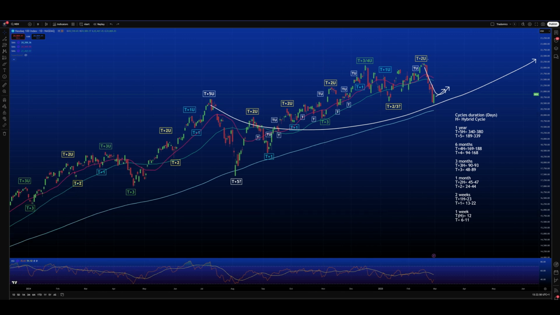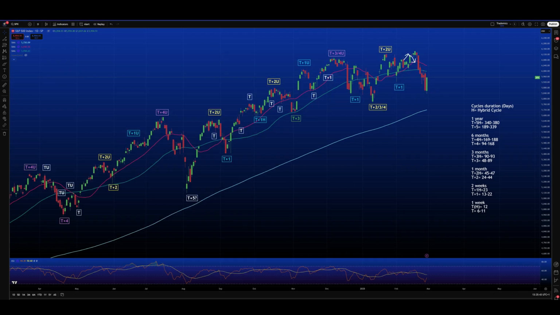Okay, that's the situation we have on the Nasdaq, and let's switch to the Standard & Poor's 500. In terms of upward cycles on the Standard & Poor's 500, we have a slightly different situation compared to the Nasdaq. The difference is that from this top on the 6th of December 2024 until the top that we had on the 19th of February 2025, we had a total duration of 47 bars.